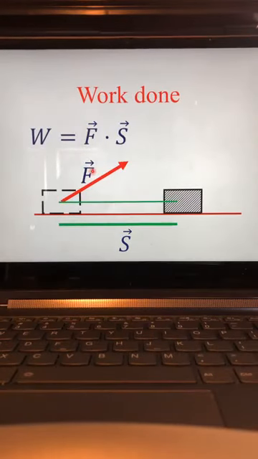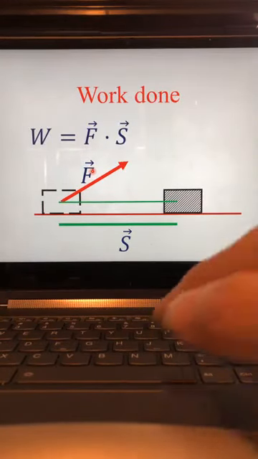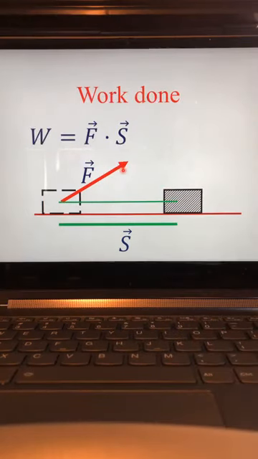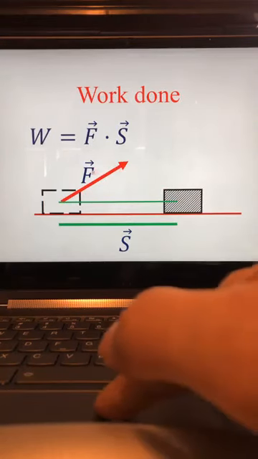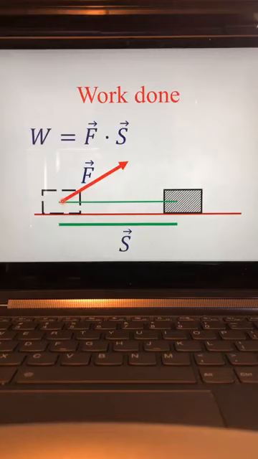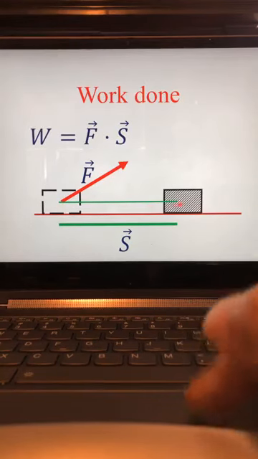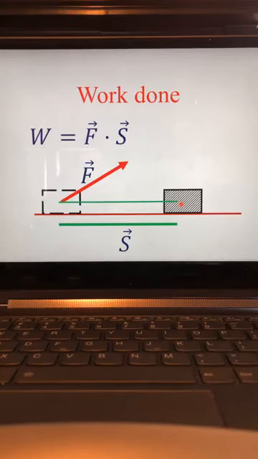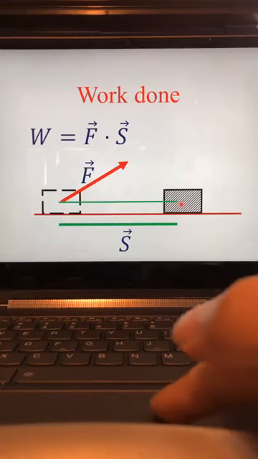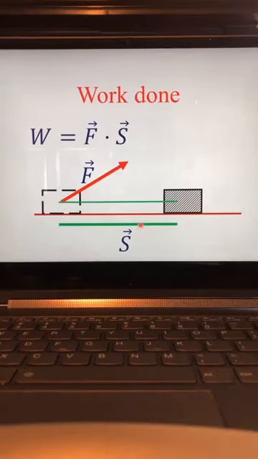This is the force I applied, and the force is in that direction, on this block. And the block moves in that direction and reaches the final point. The displacement is S. That green line right here is the displacement. That block went through a distance S, not in the direction of the force, but in the horizontal direction.